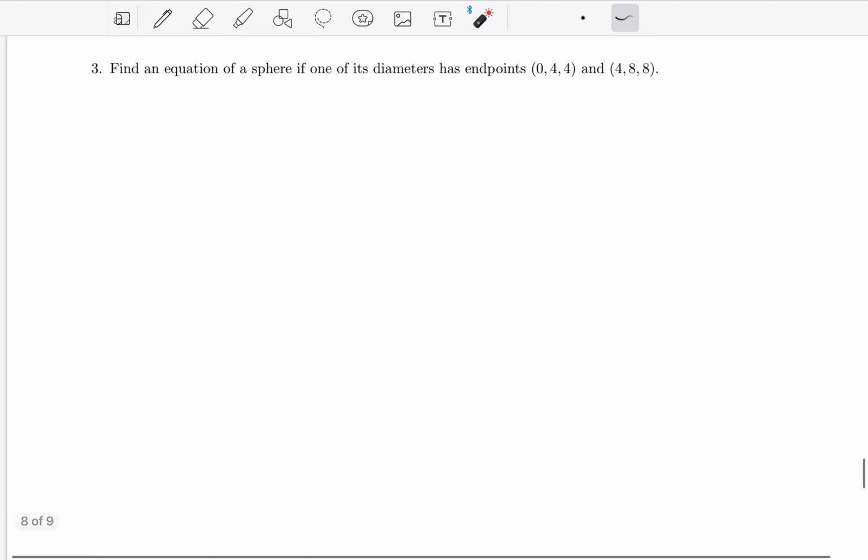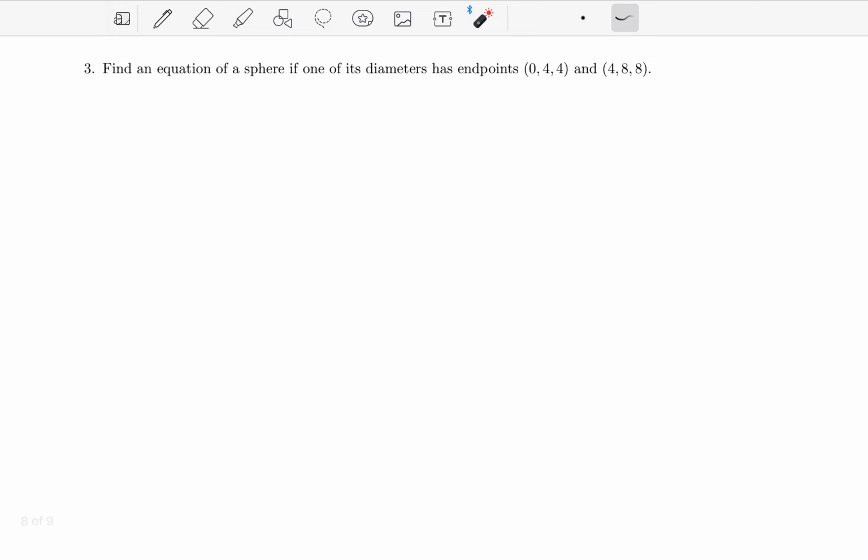Find an equation of a sphere if one of its diameters has endpoints 0, 4, 4 and 4, 8, 8. So what do we know? First of all, the radius is half the diameter.